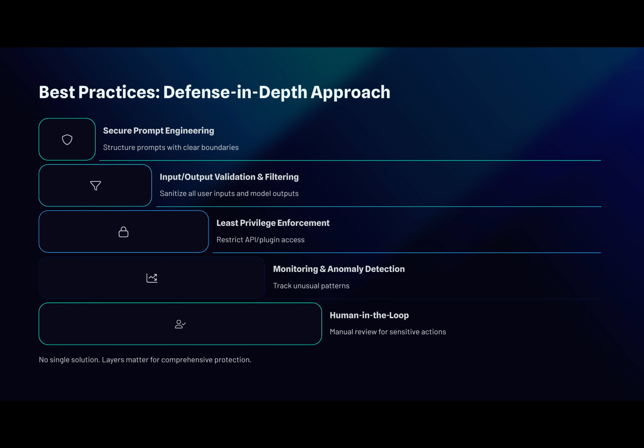For sensitive actions, include a human in the review process. Manual oversight adds an essential safety net, where automated defenses might fall short. Remember, there isn't a single silver bullet for protecting large language models. Relying on multiple coordinated defenses ensures stronger and more comprehensive security.